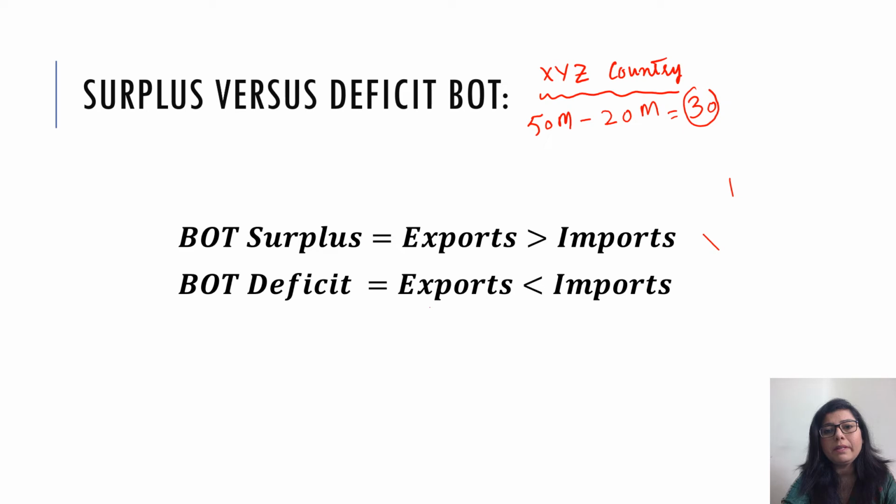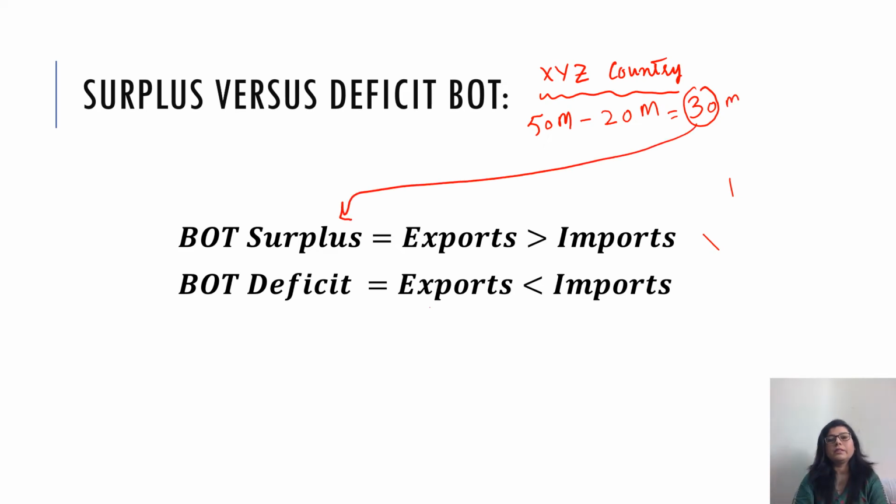This 30 million is the trade surplus. It means that there is a trade surplus. The country is in good condition because they are doing a lot more exports than imports.